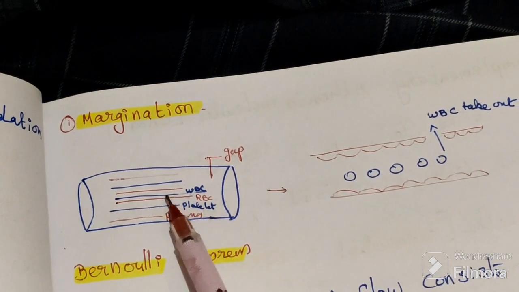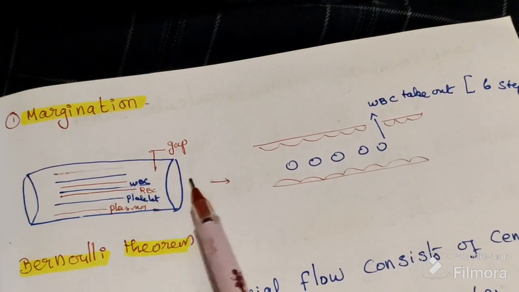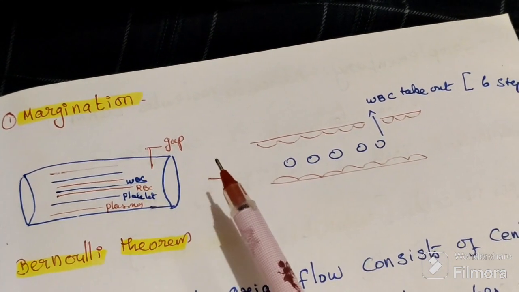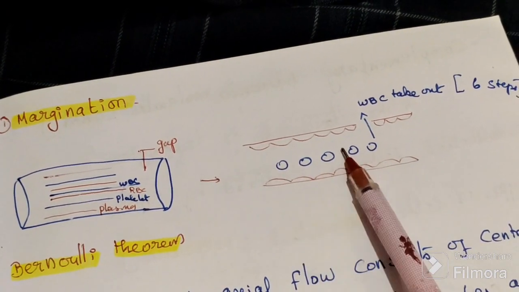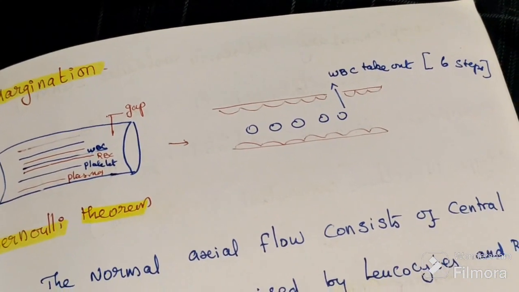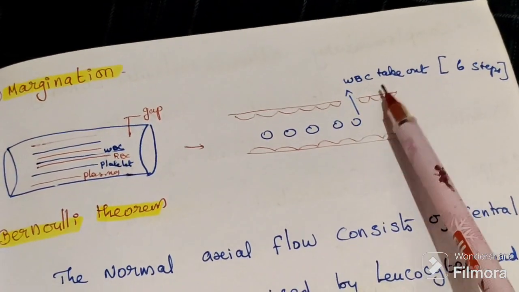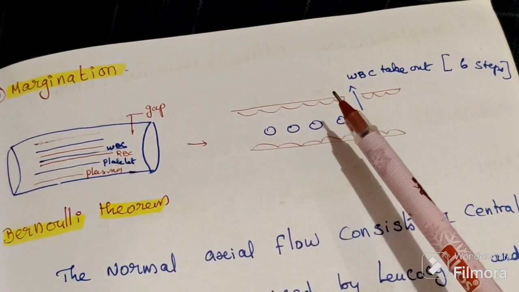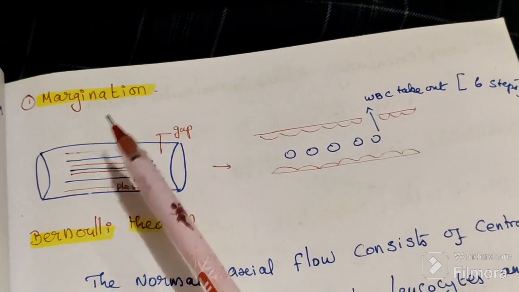So RBC, WBC, platelets, and plasma travel in this way. Using the vascular events, we take the WBC out. So the first step is taking the WBC from the center to the periphery, the region we want to reach. That process is called margination.